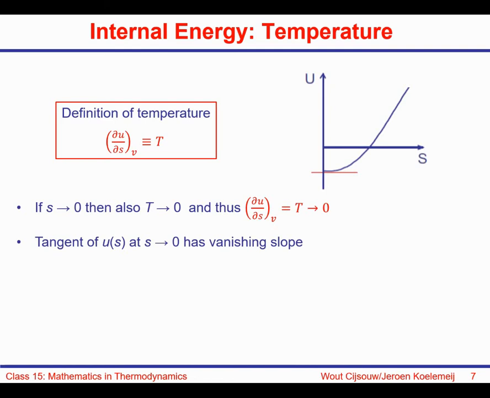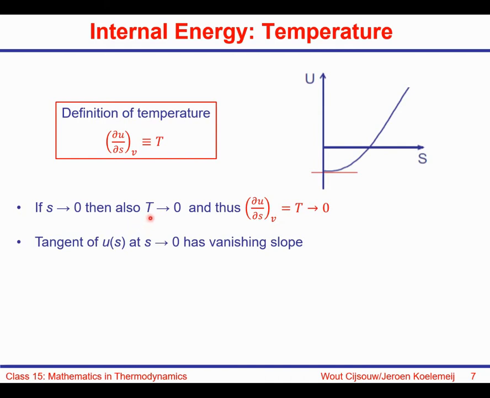So we had this function, U of S and V. Now let's take a look at how this function behaves in the US plane. So we have this partial derivative that we just defined to be equal to the temperature. Now we know that if the temperature goes to 0, then also entropy goes to 0.